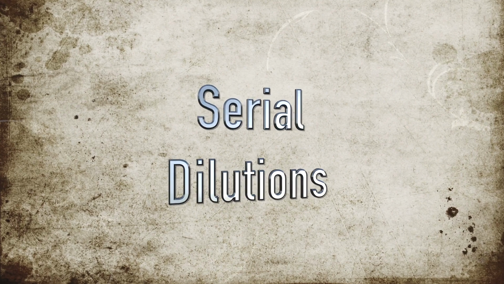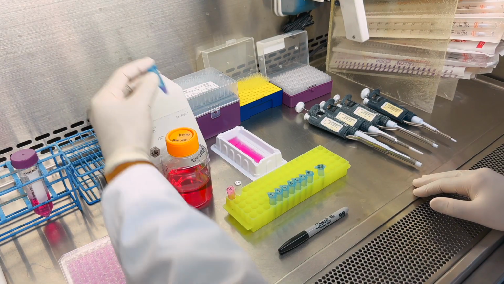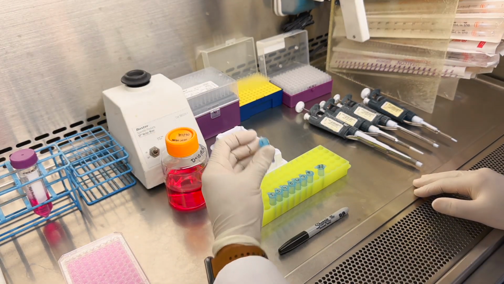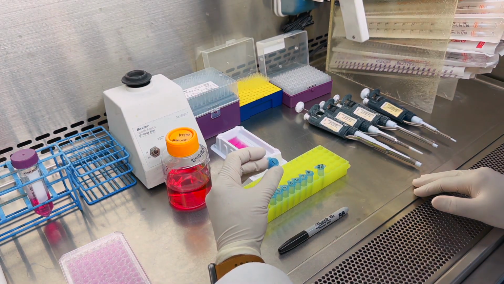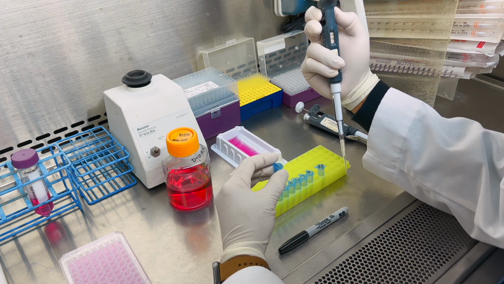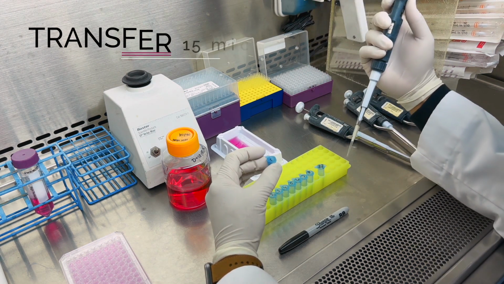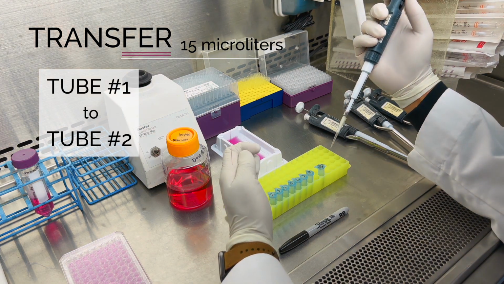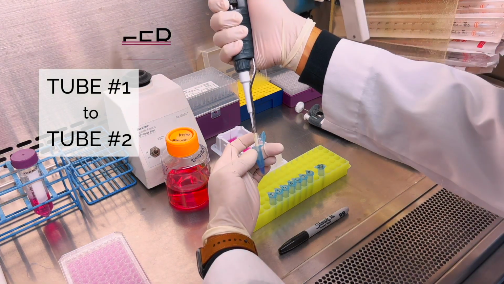Now it's time to begin the serial dilutions. Let's take tube number 1 and vortex briefly. Tube number 1, again, contains your biotin-related molecule that's been reacted with streptavidin-ZAP. From tube number 1, you will transfer 15 microliters into tube number 2.